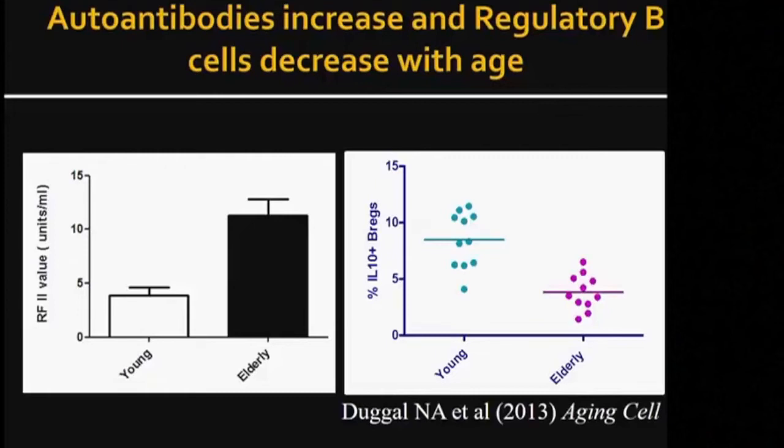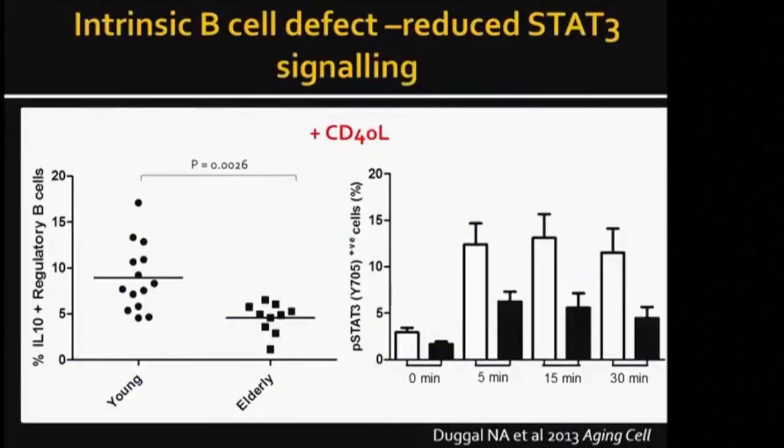And one of the reasons involved, we looked at these regulatory cells, the B regulatory cells, and we find that their induction is much reduced with age. And when you stimulate them directly through ligating CD40 with CD40 ligand, then this is affected with age. And when we looked into the reason behind it, we find the defect is largely there in the B cell itself.